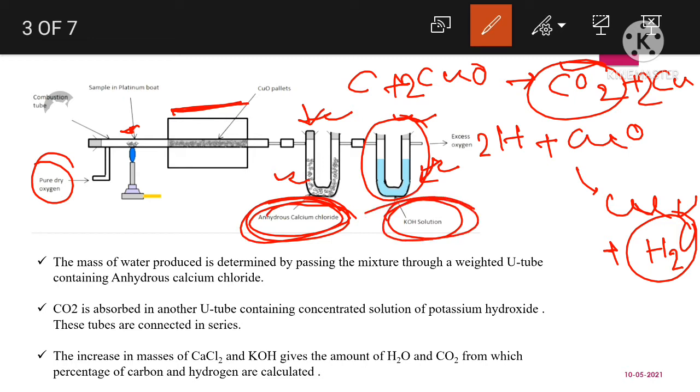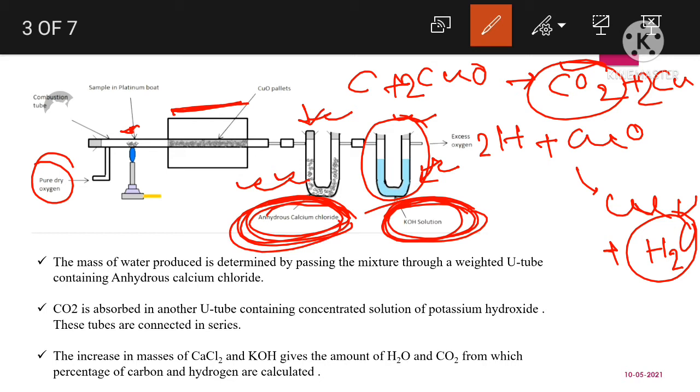Now the calcium chloride absorbs this water, so its mass has increased, as well as the KOH will absorb this carbon dioxide and its mass increases. So we can calculate how much carbon dioxide is absorbed by this KOH solution and how much water is absorbed by this calcium chloride.